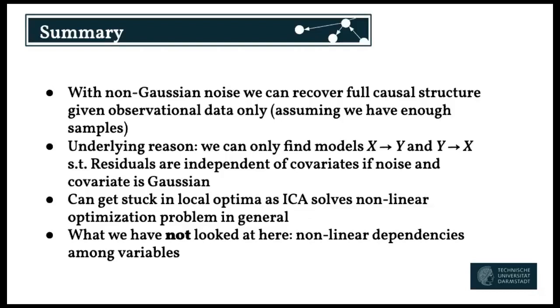Societies grow as they grow. You cannot really control this. And sure, you can try to have a controlled environment, but most of the time it's too costly or impossible. So you need these methods to also get something out of observational data only. That's the reason why these methods exist.